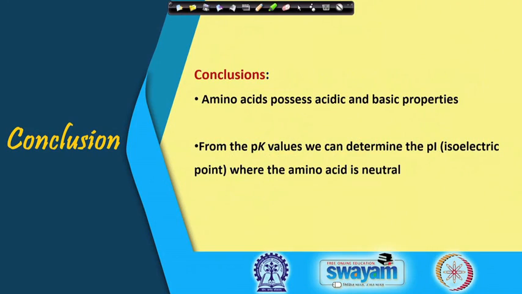And we found out that from the pK values that we have from the amino part and the acid part, we showed it for glycine that we can determine the isoelectric point where the amino acid is neutral, given a knowledge of the pK1 and the pK2 values. We can find out the pI.